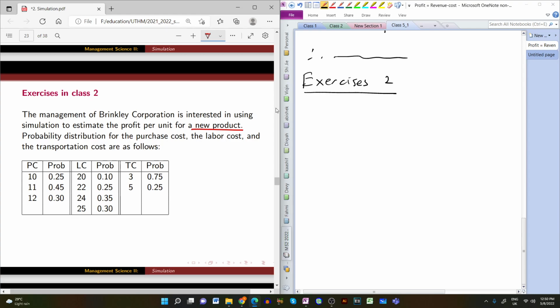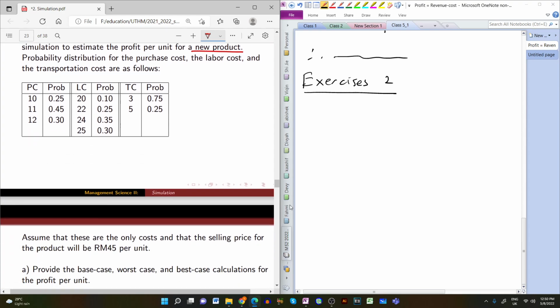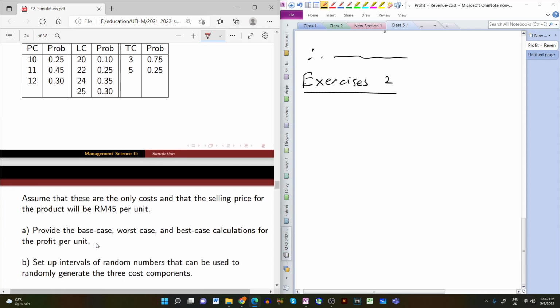As I told you, there's a purchase cost, labor cost, and transport cost. These are the costs involved. Assume that these are the only costs and that the selling price for the product is 45 per unit. Provide the base case, worst case, and best case scenario.